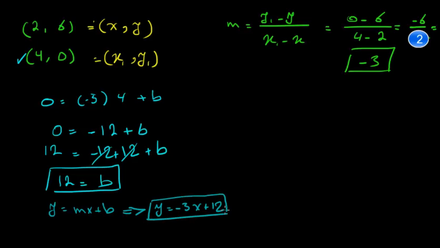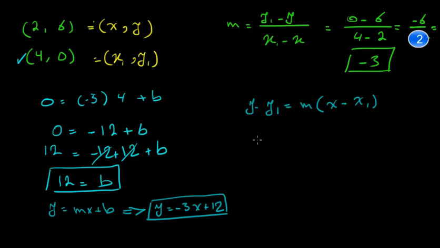And we are done. We also can use point-slope form to write the equation for this line. And as you recall, the formula for point-slope form is y minus y1 equals m times x minus x1. So you can choose one of these coordinates and plug in and have the same result. Let's pick the second one again.